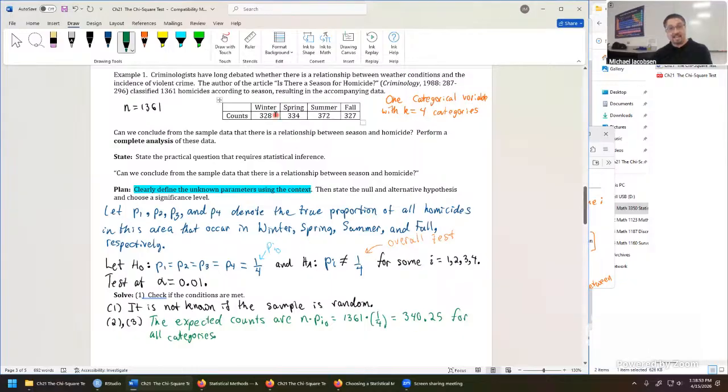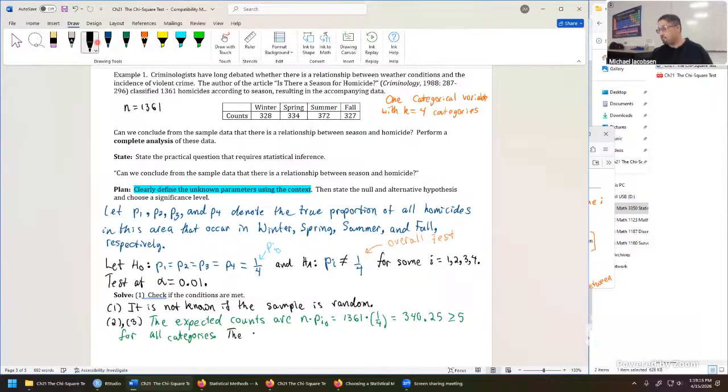If this had, say, only 2 expected successes, then the whole condition would fail. The sample size wouldn't have been large enough. But this is really, really large. Let me put here just as a quick reminder on the condition, it's greater than or equal to 5 for all categories. And so this tells us that conditions 2 and 3 are met.